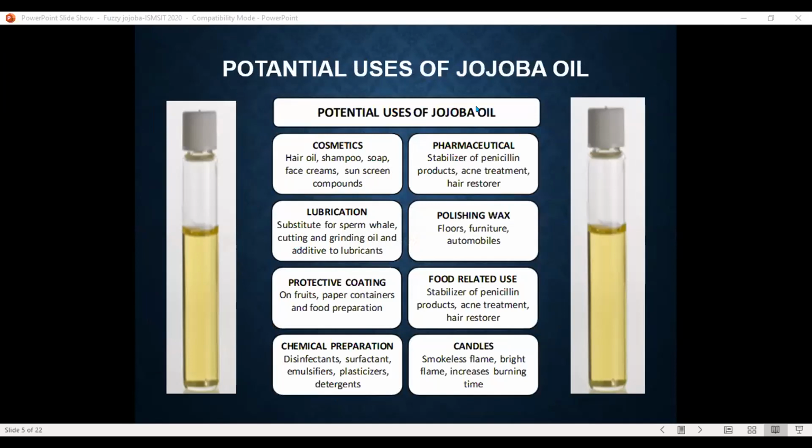The largest area of potential use of jojoba oil is in cosmetics, like hair oil, shampoos, soaps, and other cosmetic purposes. The second important part is lubrication.